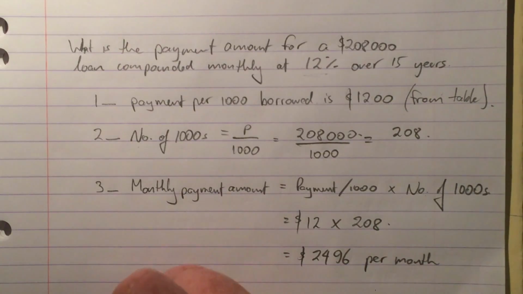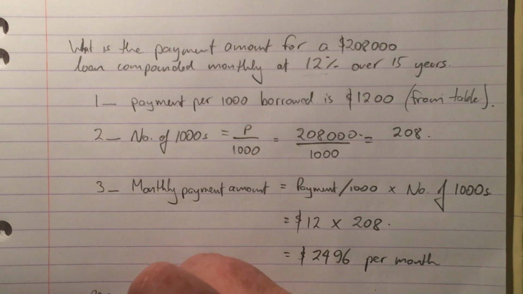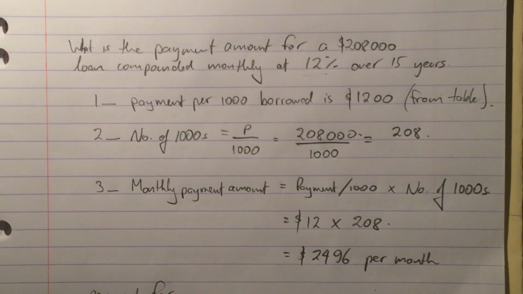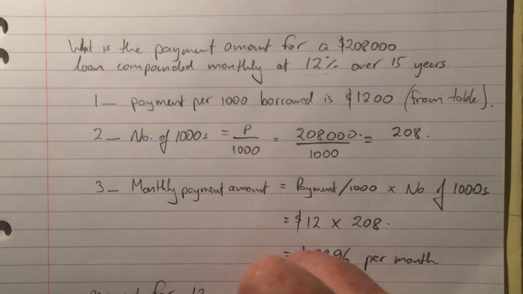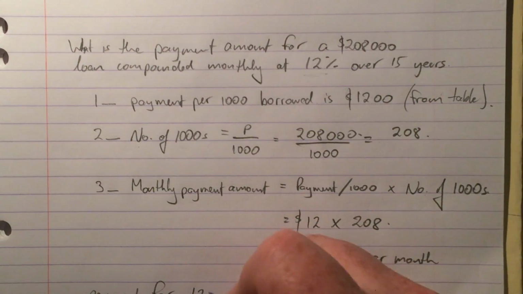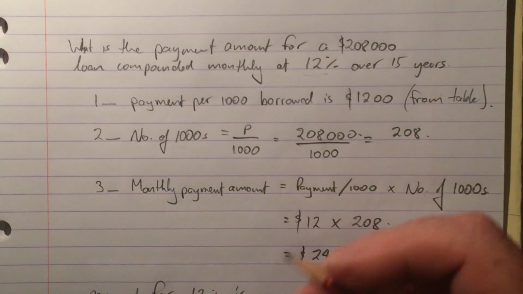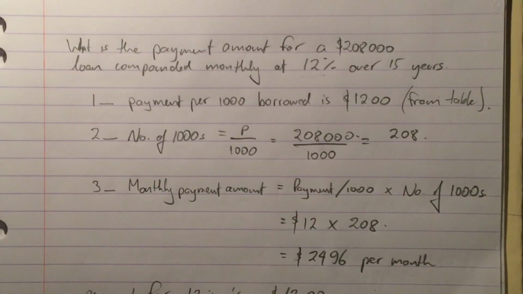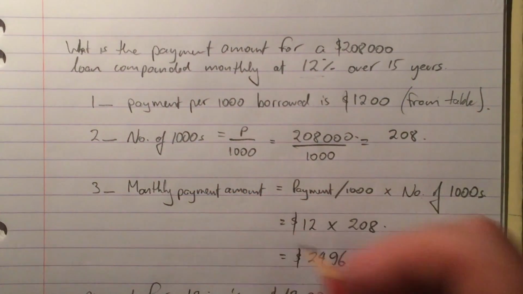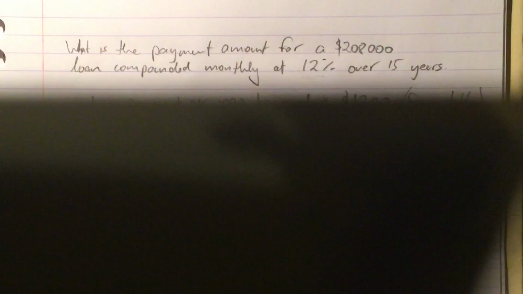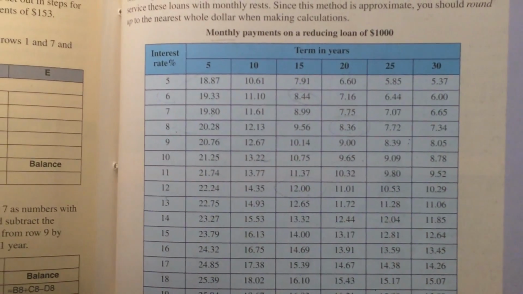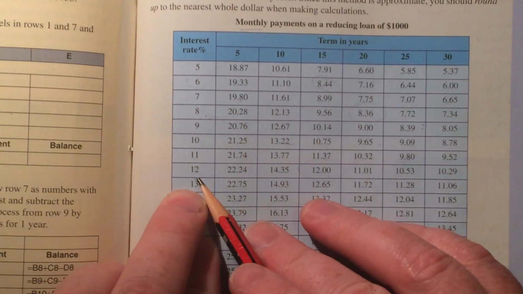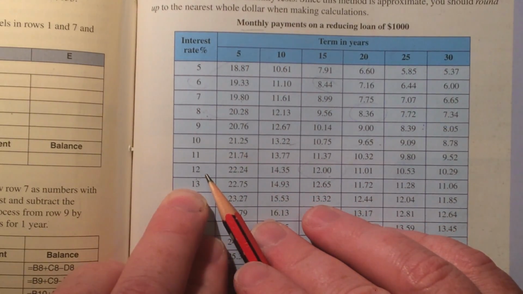First of all, the payment for 12% is $12. Now, remember, in this example we're calculating the payment amount not for 12% but for 12.3%.